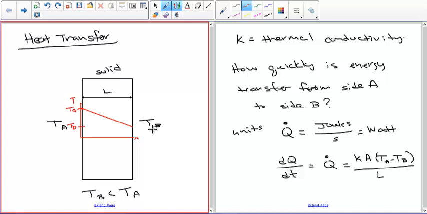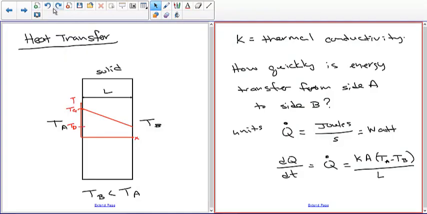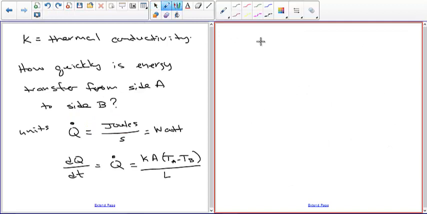So let's figure out what the units for K are now. The units for Q dot are joules per second. The units for area are meters squared. The units for length are meters.